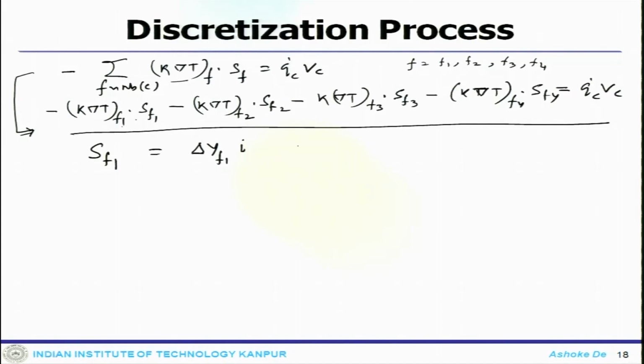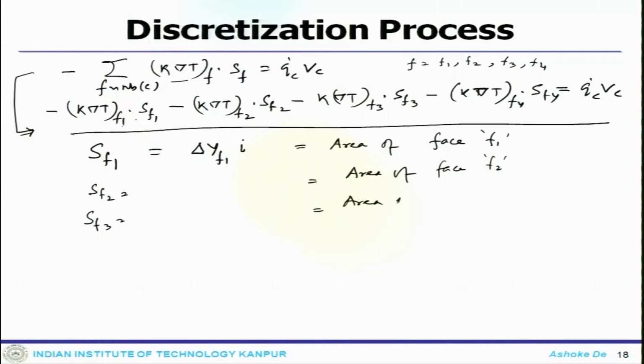So sf1 is nothing but the area of face f1. Similarly, sf2 would be the area of face f2, sf3 would be the area of face f3, and similarly sf4, that is the area of face f4.